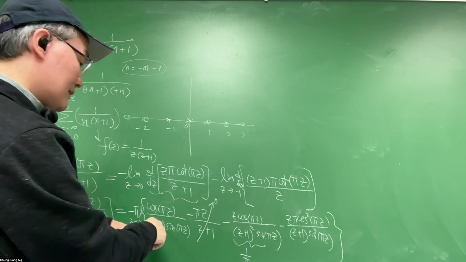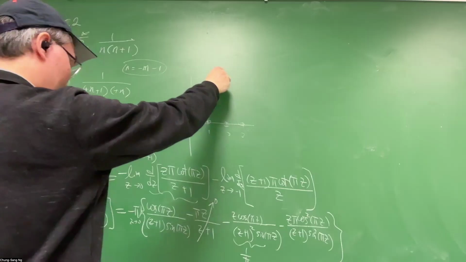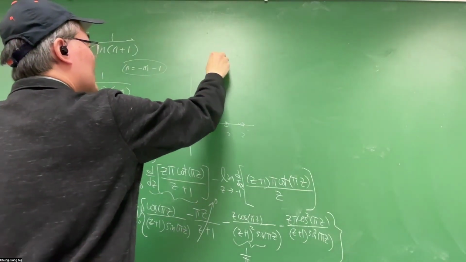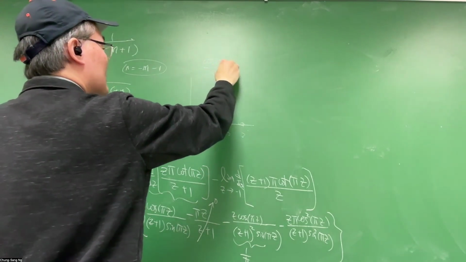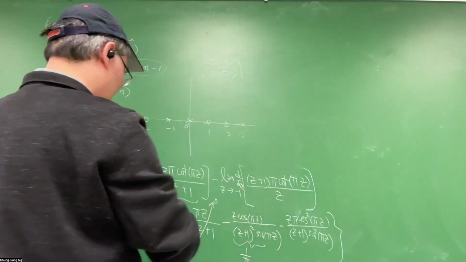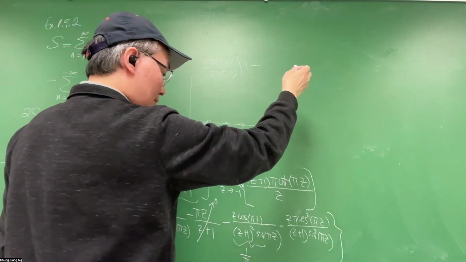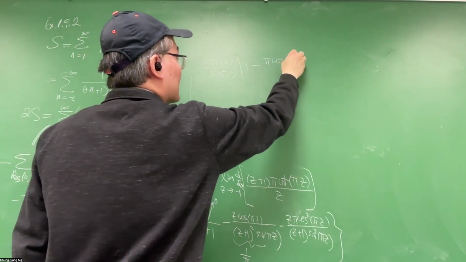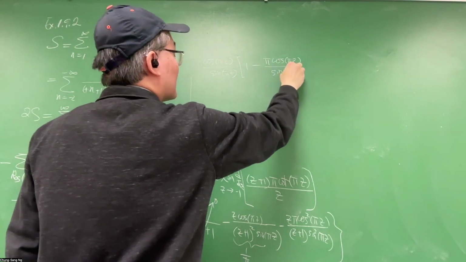And now the rest you combine the two, so your cosine pi z divided by sine pi z, and then this is 1 minus pi cosine z over sine.